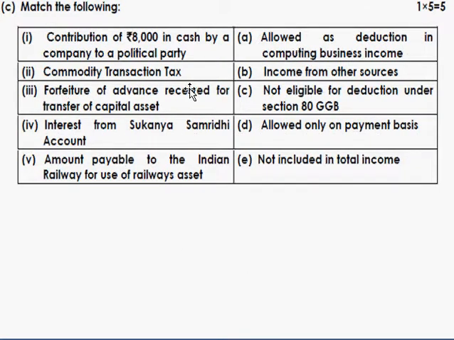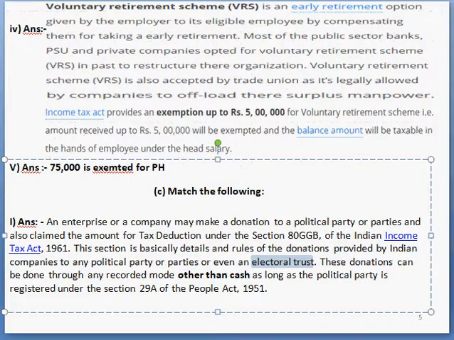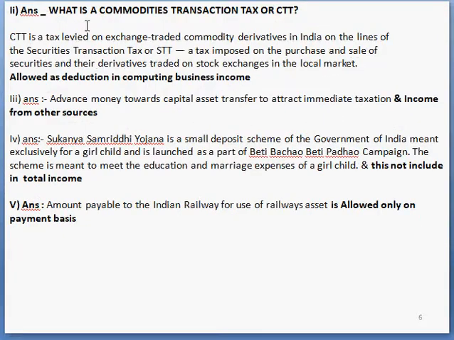Now we're talking about the commodity transaction tax. Let's see the explanation. What is commodity transaction tax, or CTT? CTT is a tax levied on exchange-traded commodity derivatives in India, on the lines of the securities transaction tax, or STT, a tax imposed on the purchase and sale of securities and their derivatives traded on a stock exchange.